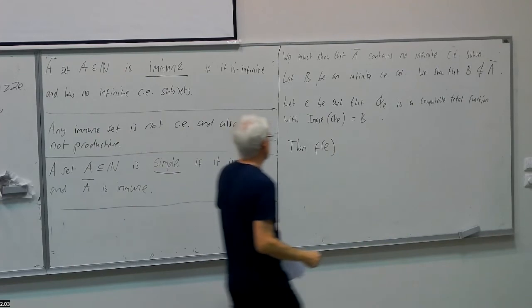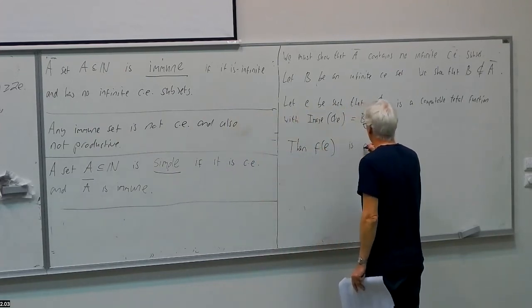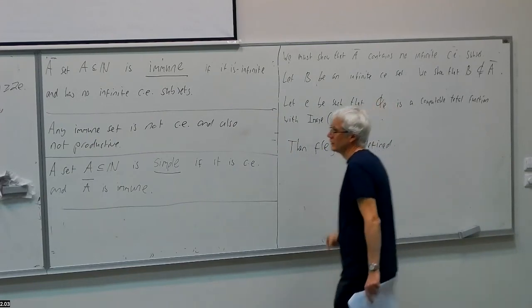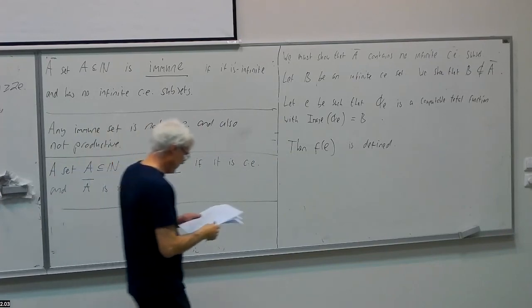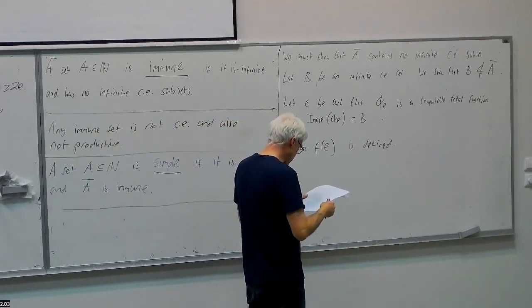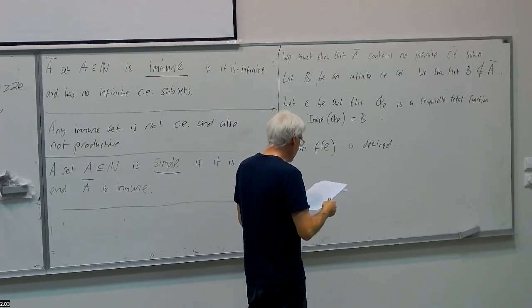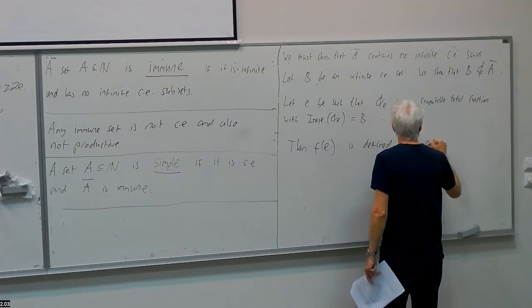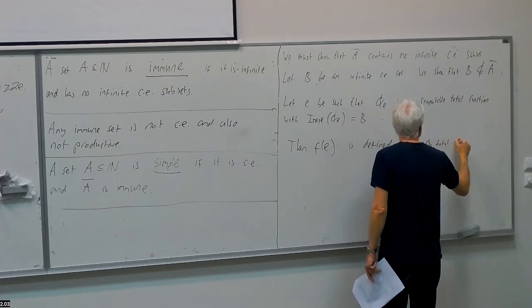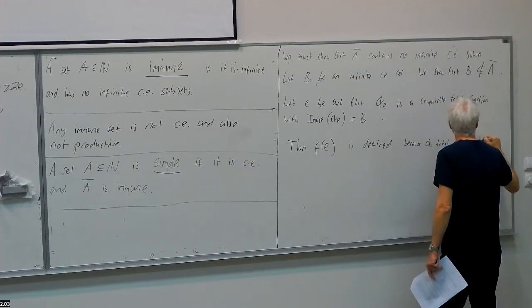So f of B is defined because phi E is total and B is infinite.